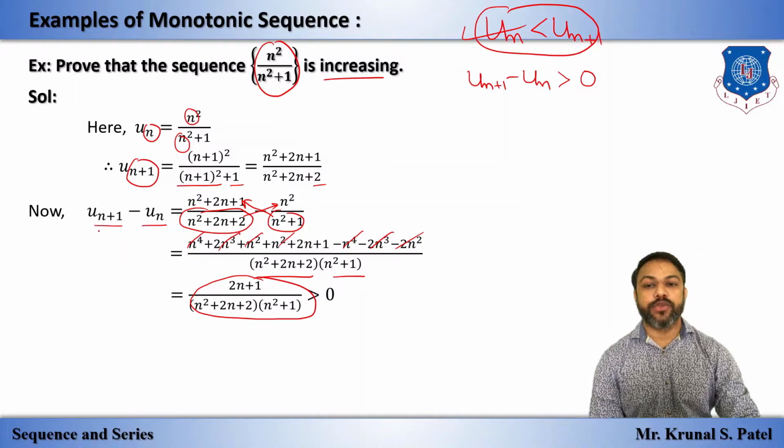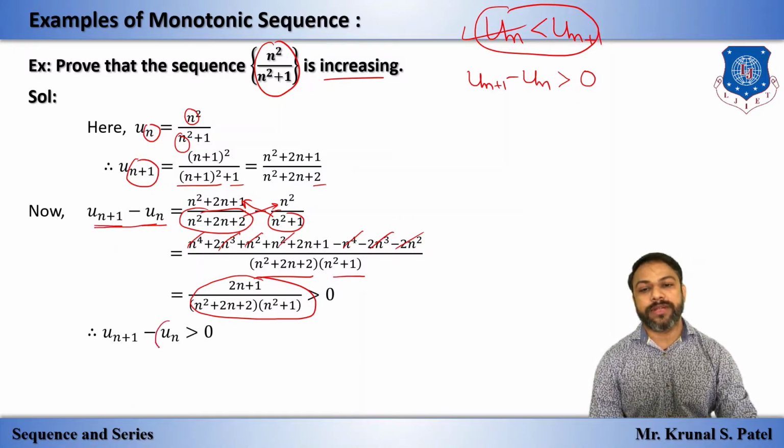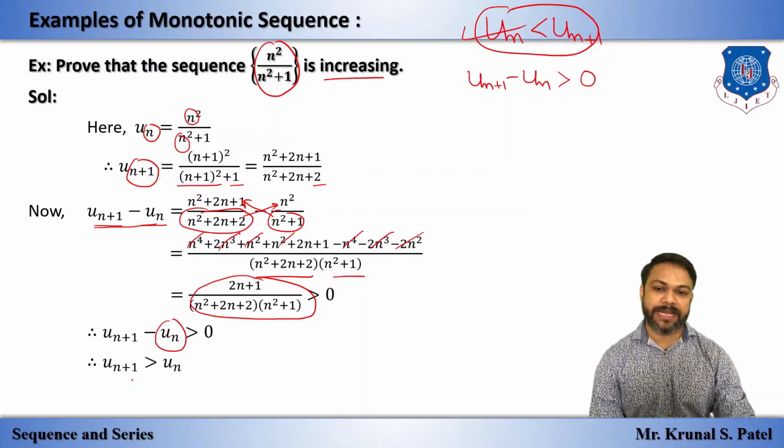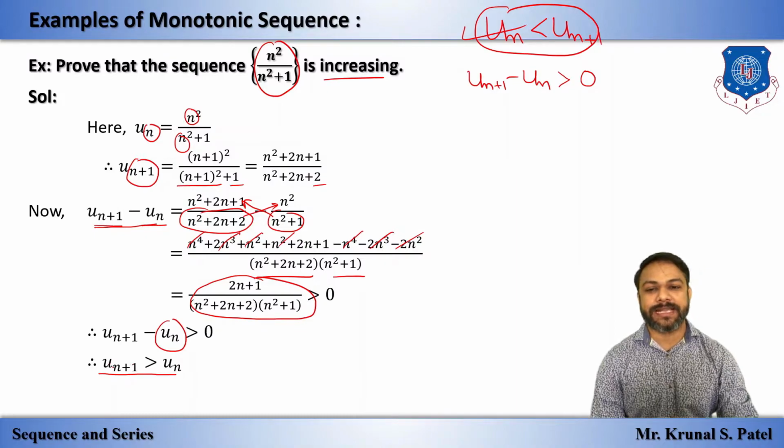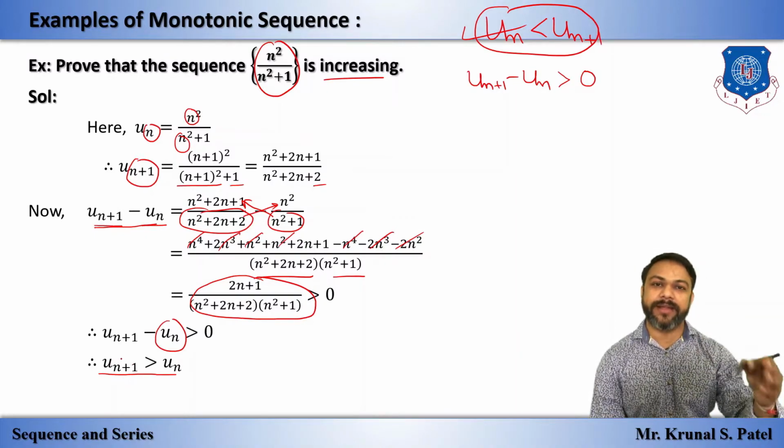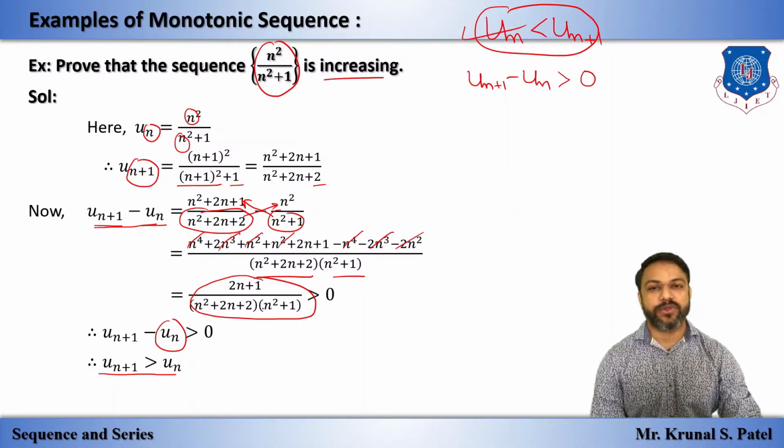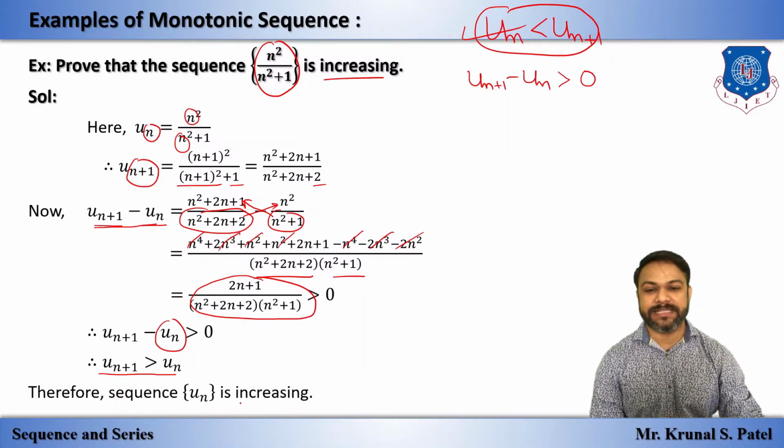That means un plus 1 minus un is greater than 0. If we take this minus un to the right side, we can see un plus 1 is greater than un. That means the next term is going to get greater and greater for all n. So the given sequence is increasing.